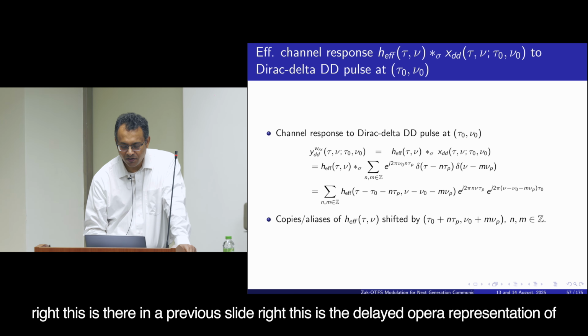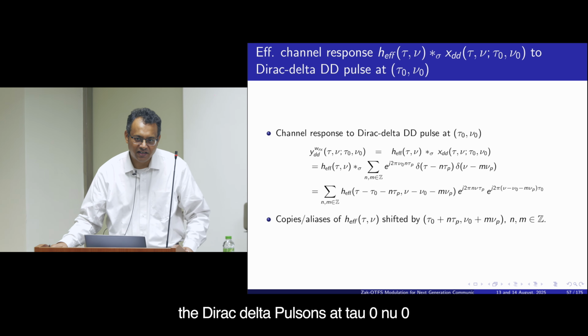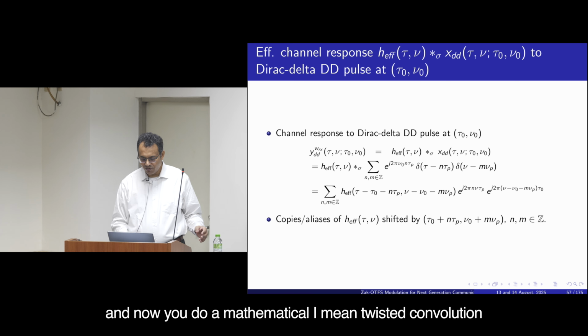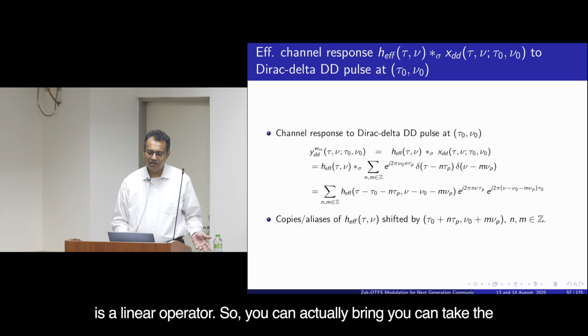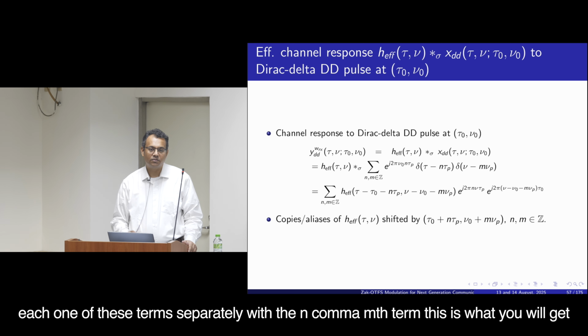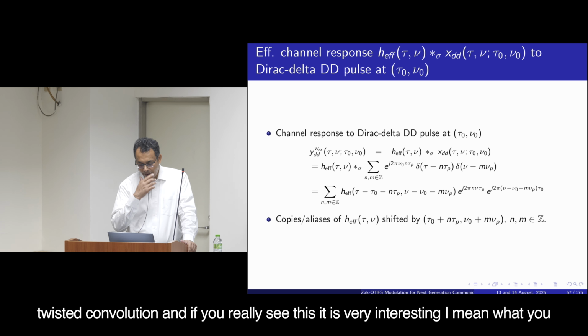This is the delay-Doppler representation of the Dirac delta pulson at tau 0 nu 0. And now you do a mathematical, I mean, two-state convolution is a linear operator, so you can take the summation outside. And so you can do a two-state convolution of H effective with each one of these terms separately, with the n comma mth term, this is what you will get, two-state convolution.